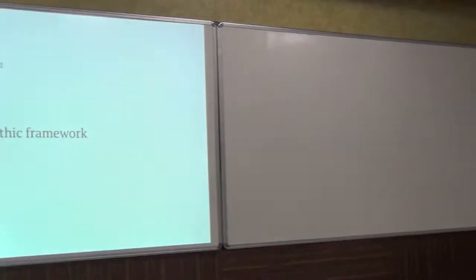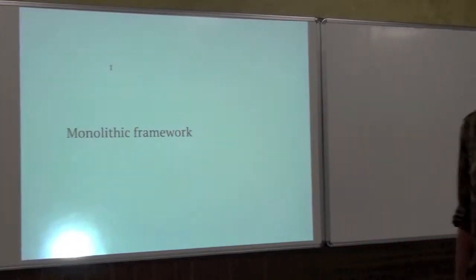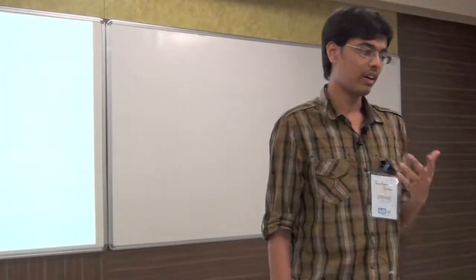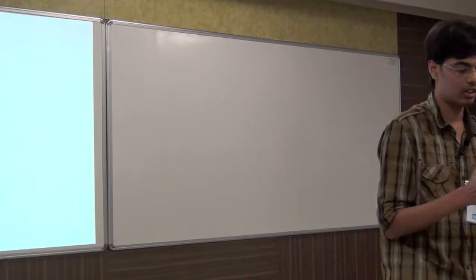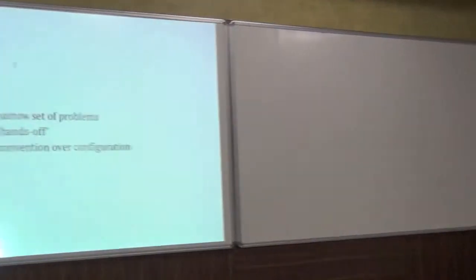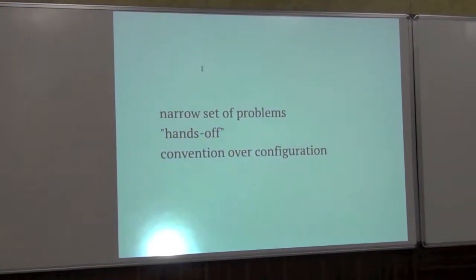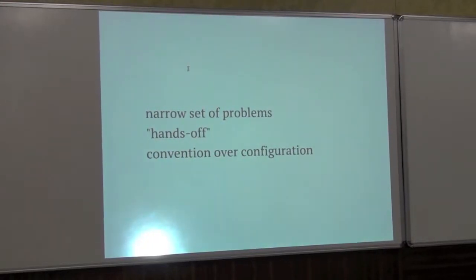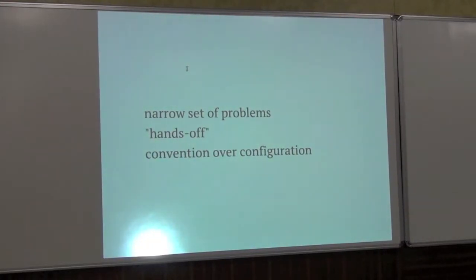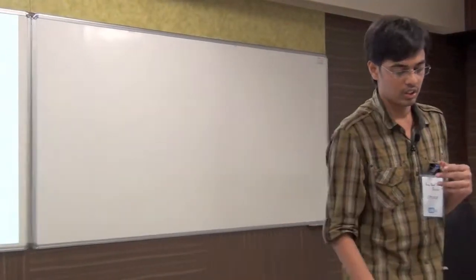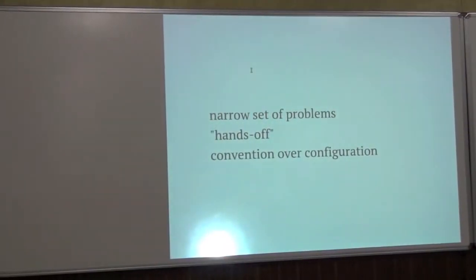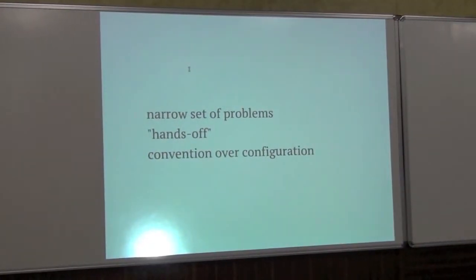Monolithic frameworks. A monolithic framework is something like Rails. They take a narrow set of problems and they solve it. It's more of a hands-off, out-of-the-box solution. You just install it, type some commands and write some small code, and it's finished. Yeah, conventional configuration.